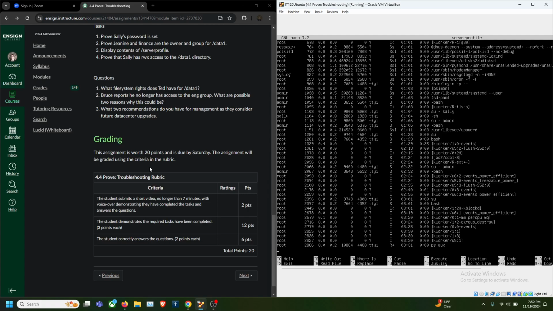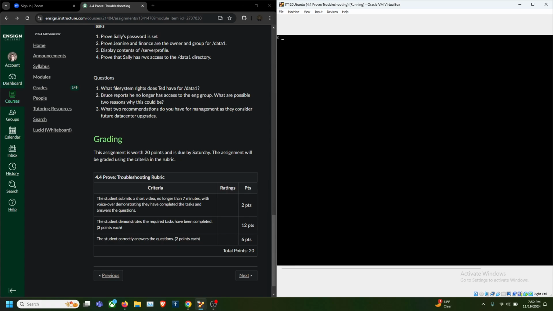And to prove that Sally has access to the directory, I want to do a command here. I'm pretty sure it involved a grep, I think.